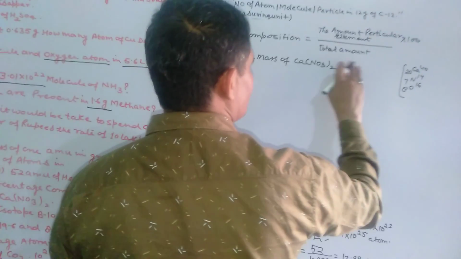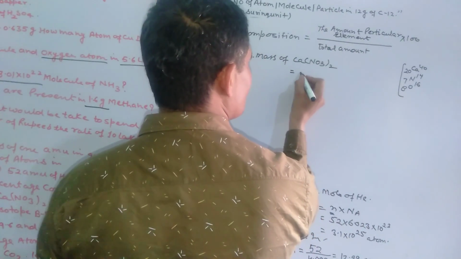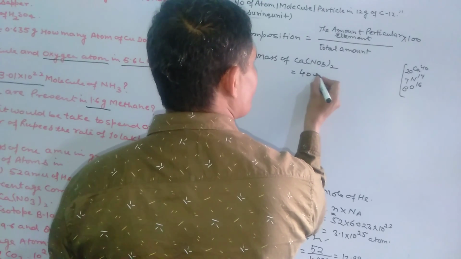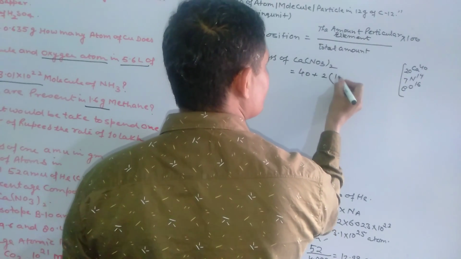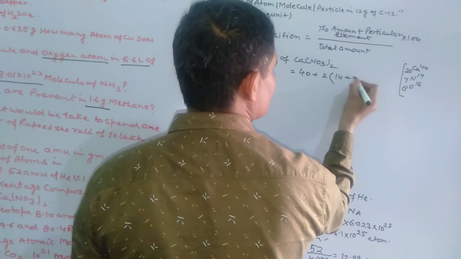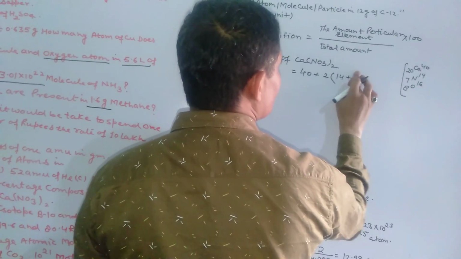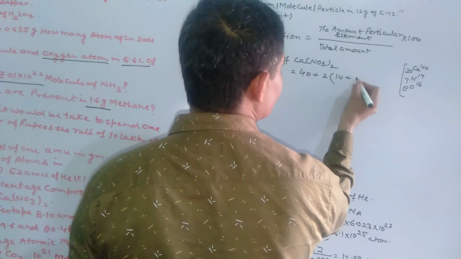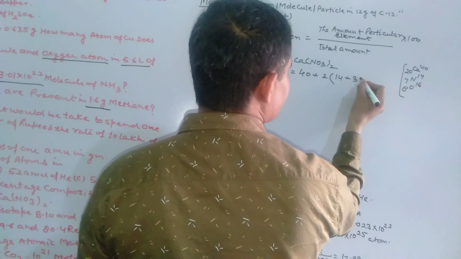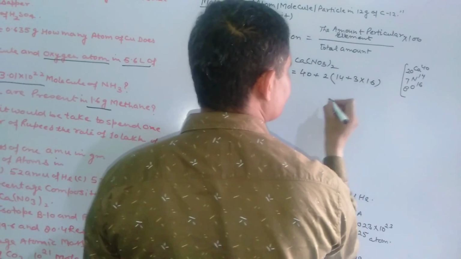Hence the value will be 40 plus 2 into 14 plus 2 into 3 into 16.